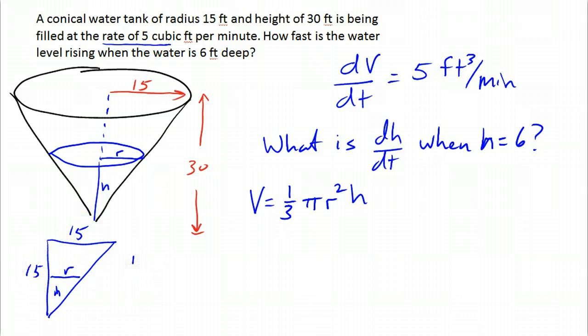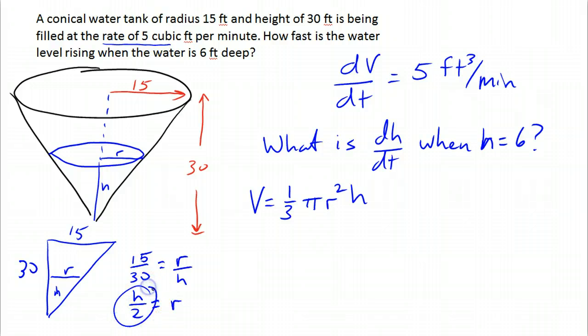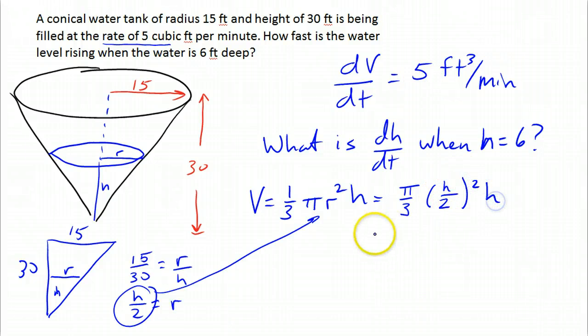Whoops, I wrote 15 and I said 30, didn't I? There. So we can say that 15 is to 30 as r is to h. So h over 2 is r. And I can take that, plug it in up there, and now I will have everything in terms of h, which is what I want because I'm looking for dh/dt.